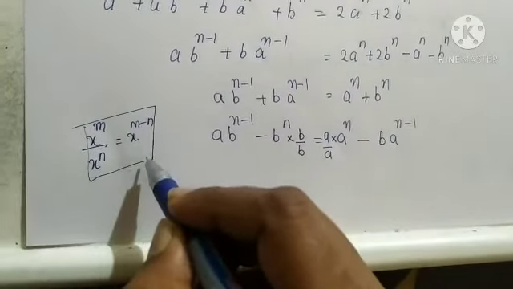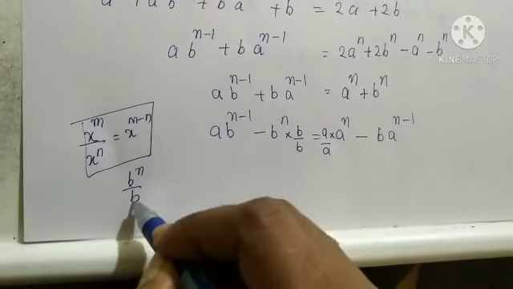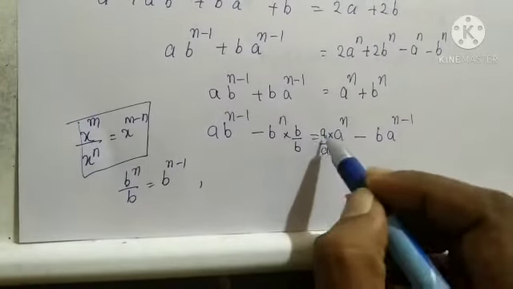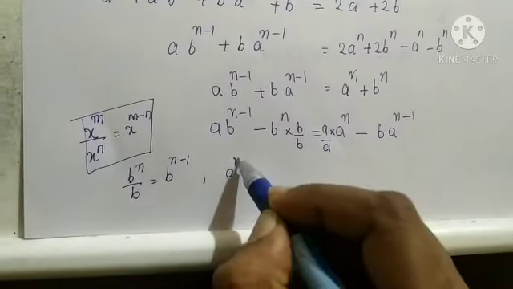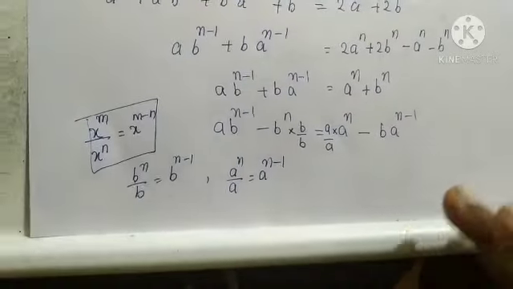Using this law of exponent, I am going to write this b raised to n by b is equal to b raised to n minus 1, and this a raised to n by a is equal to a raised to n minus 1.